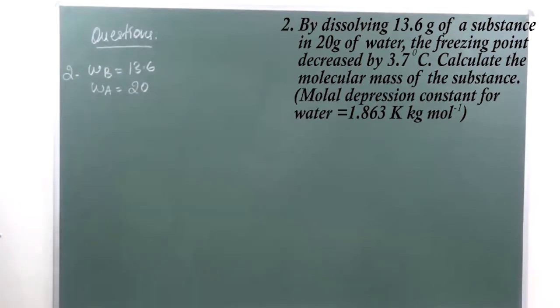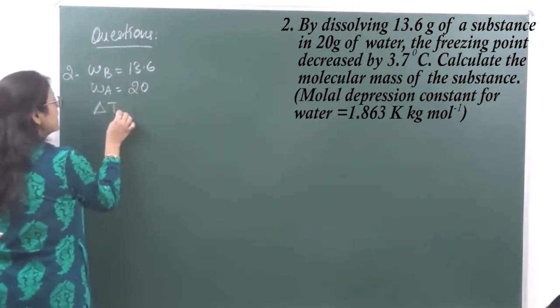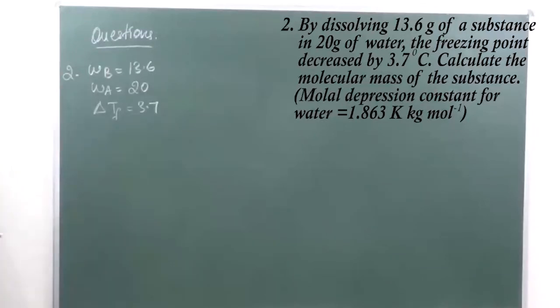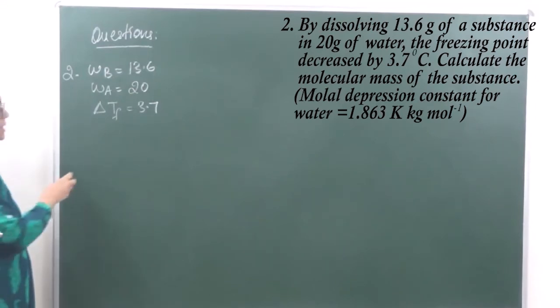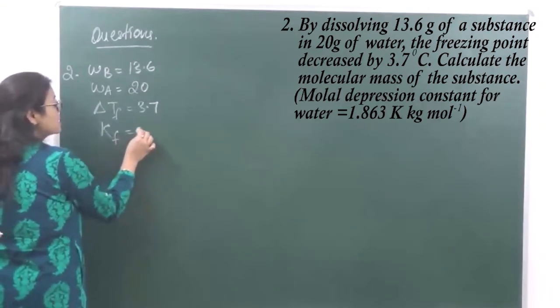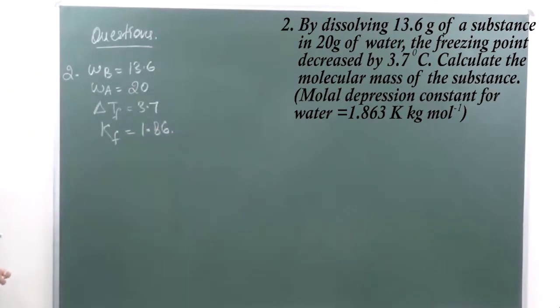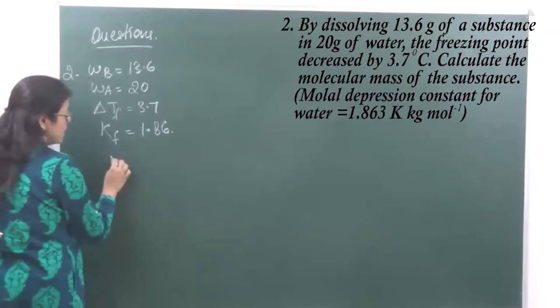Then next, the freezing point is decreased by 3.7 degrees. So delta Tf becomes equal to 3.7, right? Calculate the molecular mass of the substance when molar depression constant Kf is given to us as 1.86. Again, a direct formula has to be applied over here.